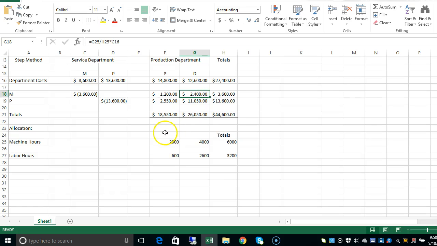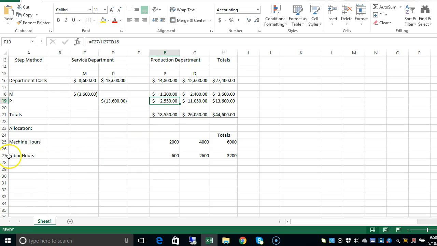Then I took the 4,000 divided by 6,000 times the same amount, 3,600. So as you can see, they're equal.